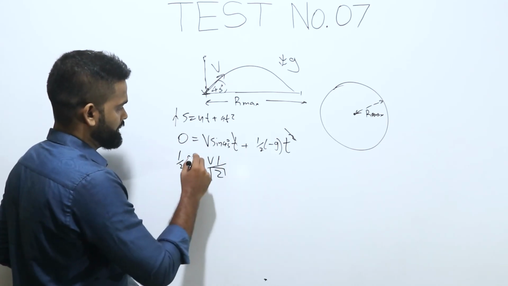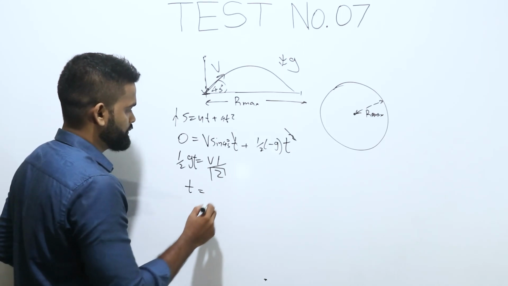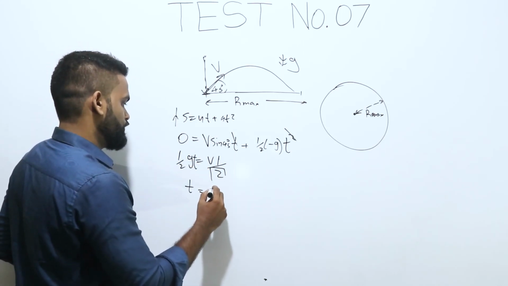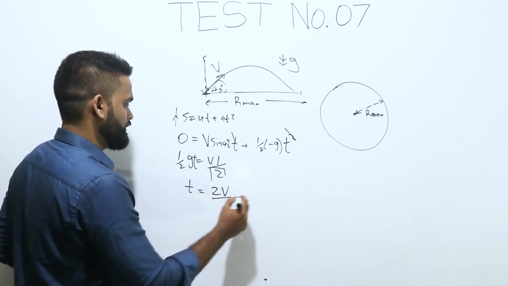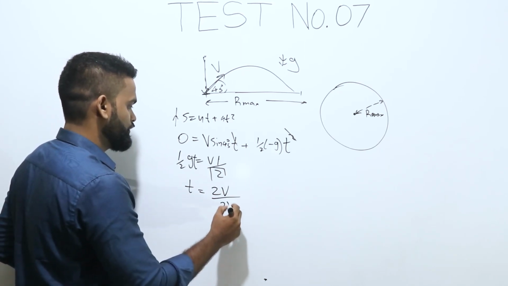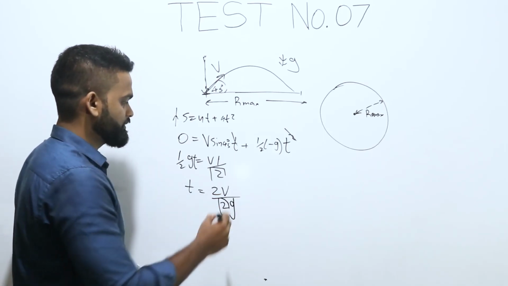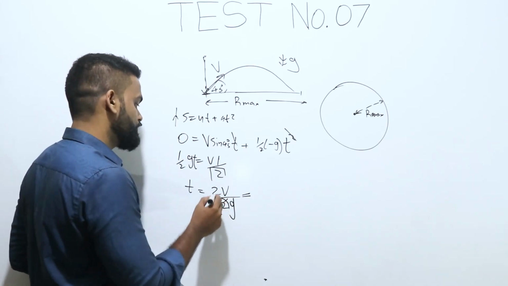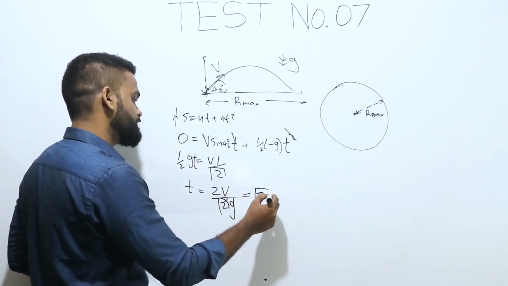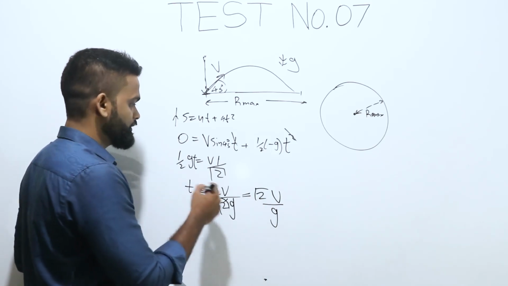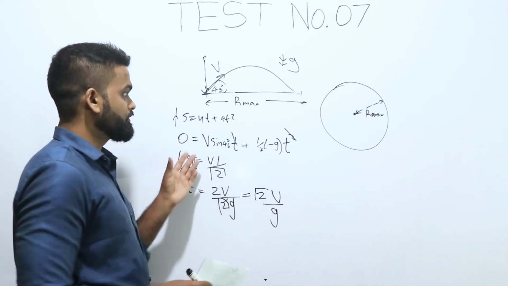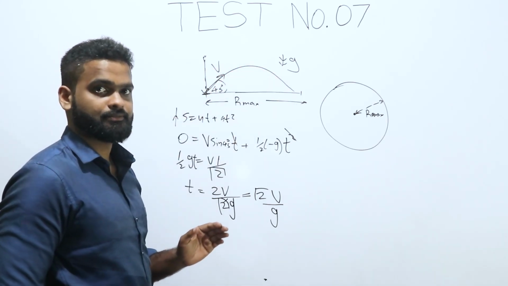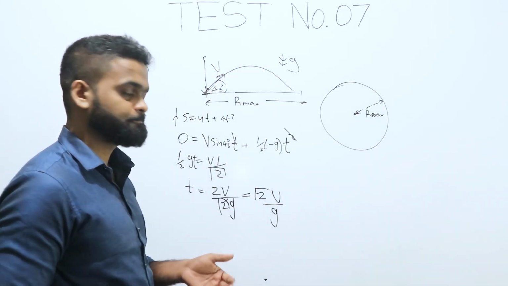Then t is equal to 2v divided by root 2 g. Simplifying, root 2 cancels off, and this becomes root 2 v divided by g. So this is the time it takes for this projectile motion to have the maximum range.